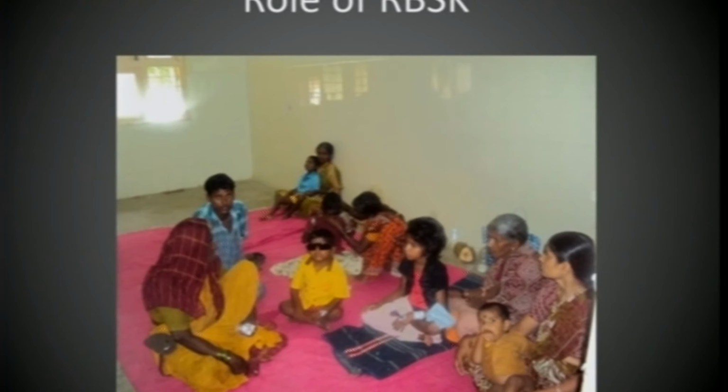And this RBSK, Rashtriya Bima Swasthya Karyakram, of course, works in most of the states now. This also had an element of pediatric care, because they were getting some amount of financial help for treating children.